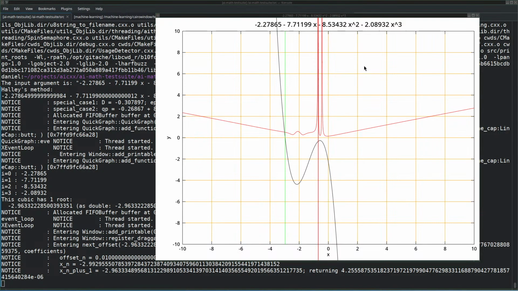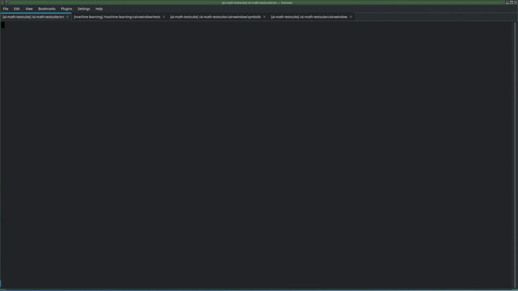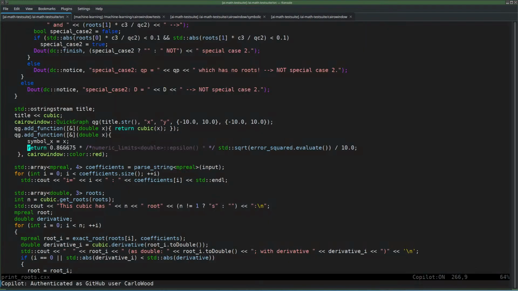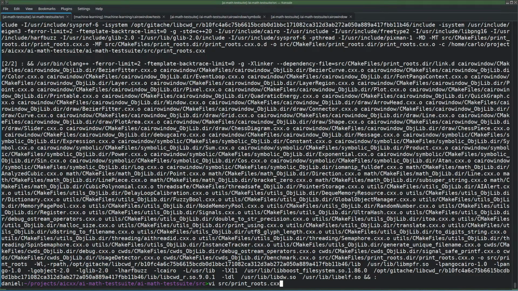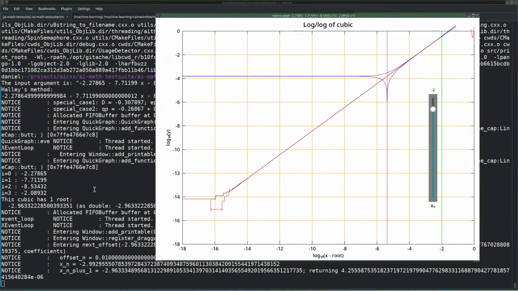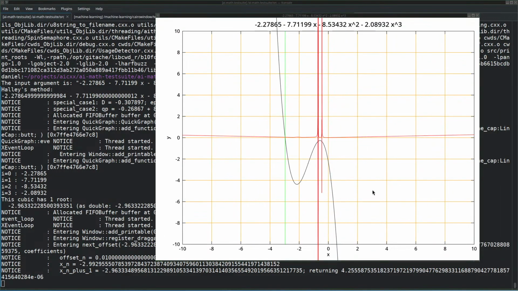Very spiky. Let's divide it by 10 again. My God.